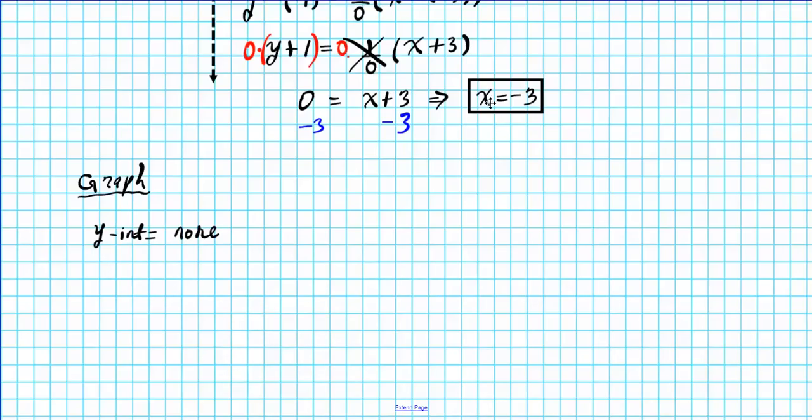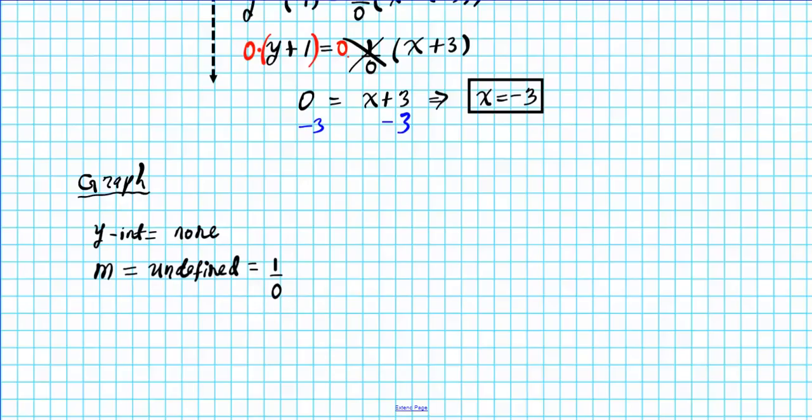Except if you have x equals 0, then the y-intercept will be 0. And let's see, the slope. The slope is undefined. Okay, so an example of undefined is like 1 over 0, something like that. You have rise, but there's no run. You keep rising and rising and rising.